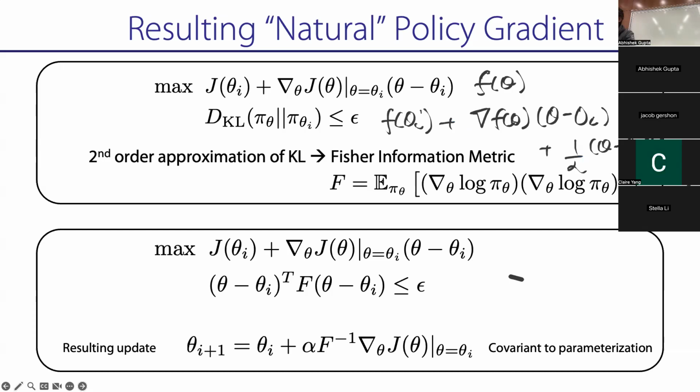I take this thing as my function, which depends on theta, and take the second order Taylor approximation of it. That's what gives me the theta minus theta i terms.